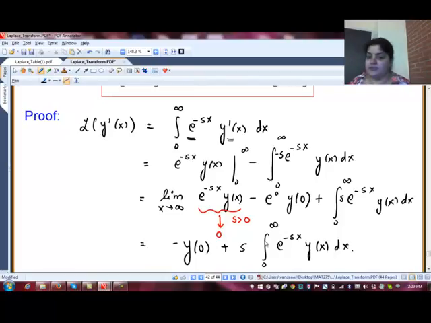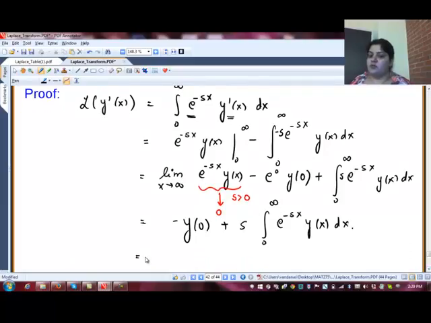Now what is this? Laplace transform of y of x. So we converted the Laplace transform of y prime into the Laplace transform of y, because this whole thing is nothing but the Laplace transform of y.